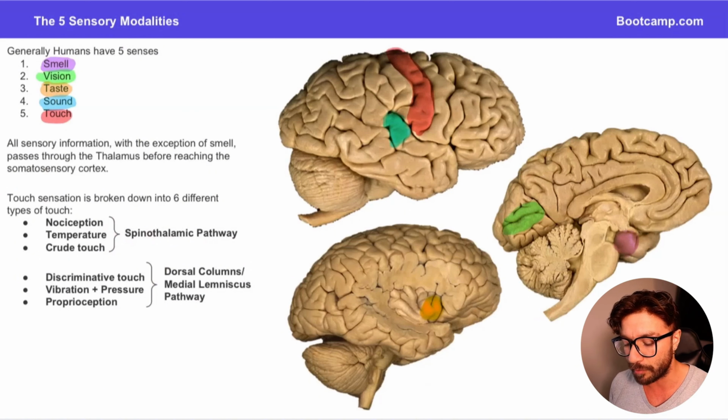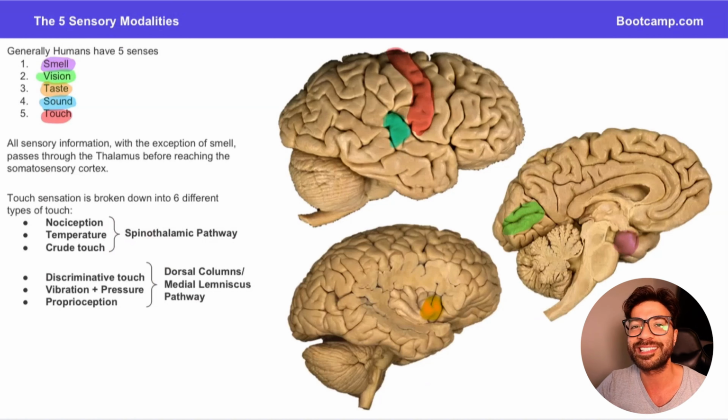Now, the dorsal column medial lemniscal pathway, this carries discriminative touch. Now, an example of this would be, let's say you tell someone to close their eyes and you take their finger and you poke it with a pin in 2 different places. They will be able to tell that you poke them at 2 different points on their finger because they have a large concentration of these discriminative sensory receptors found in this area.